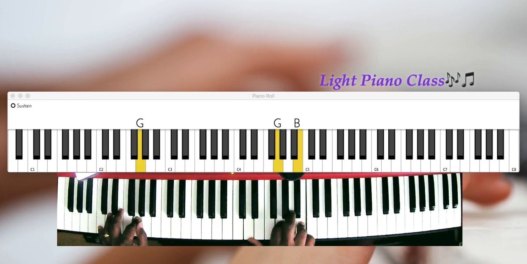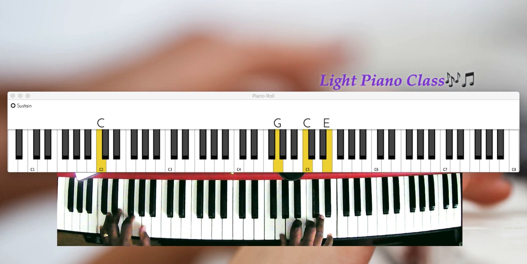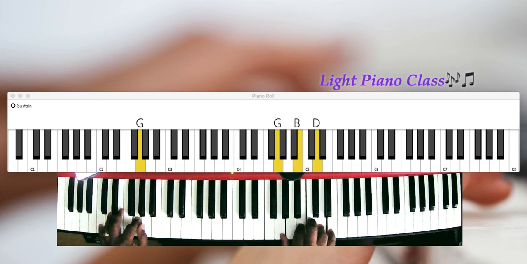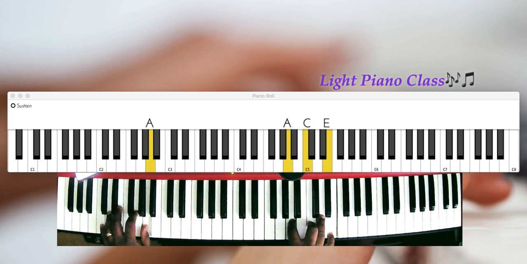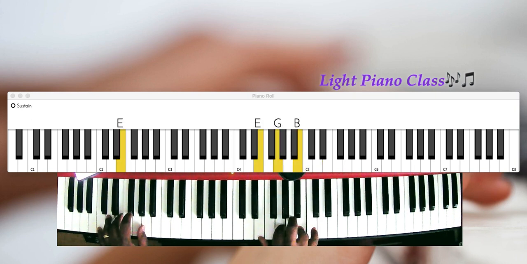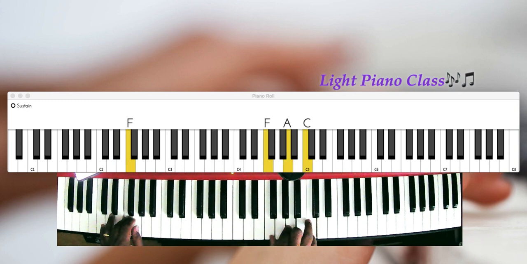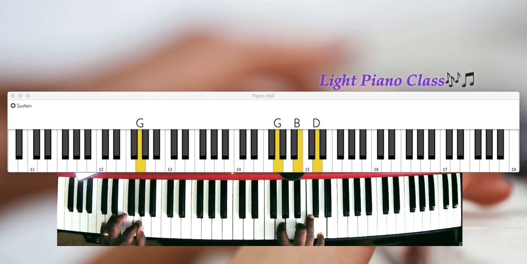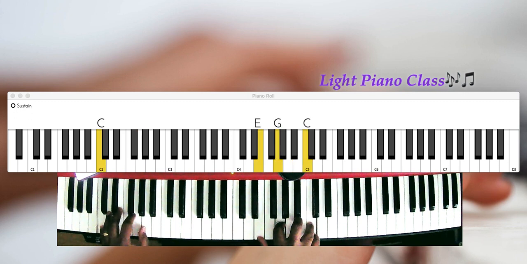And then repeat the same thing again. Then 6, then 3, 4, 5, 1. Okay.